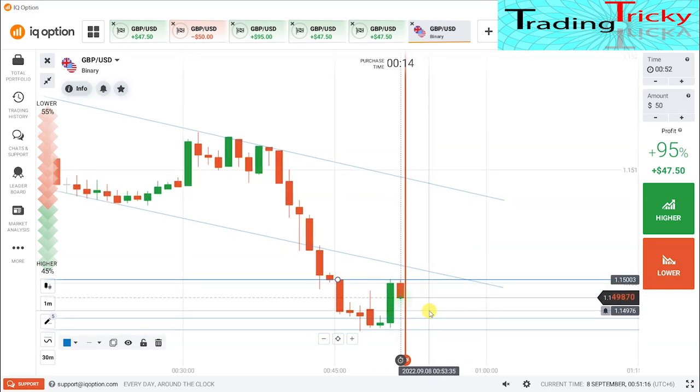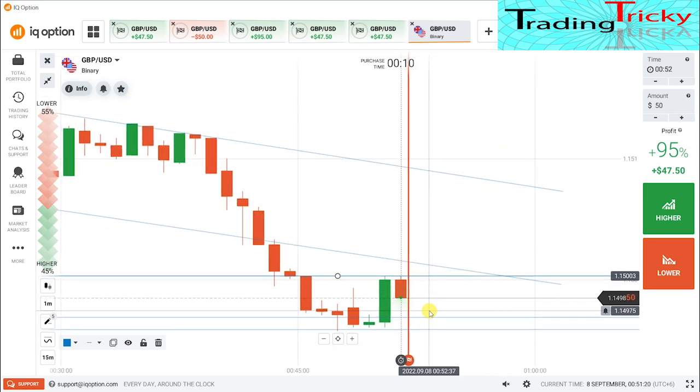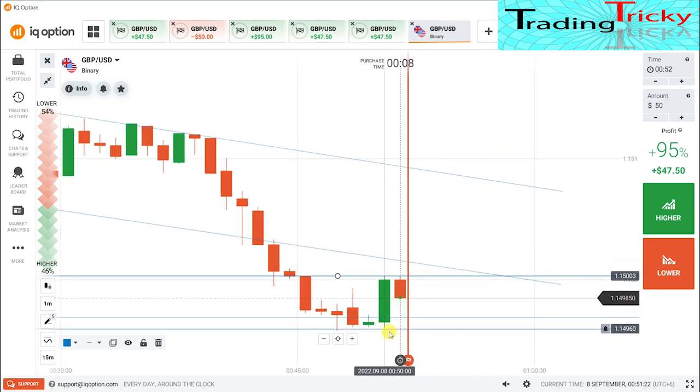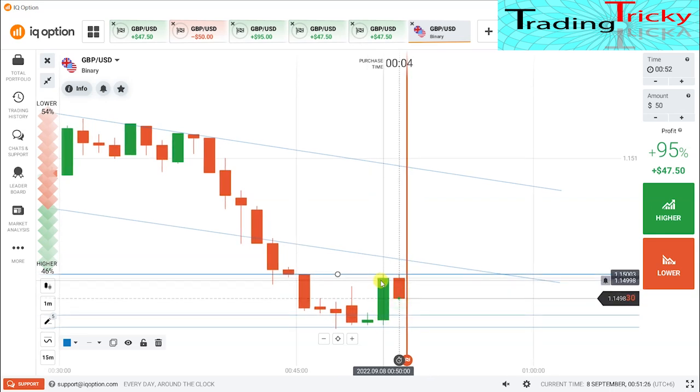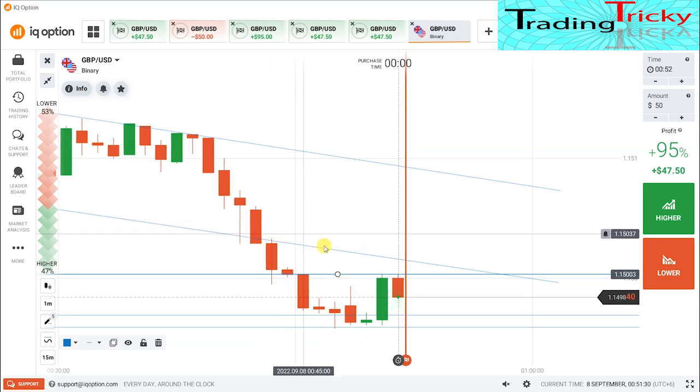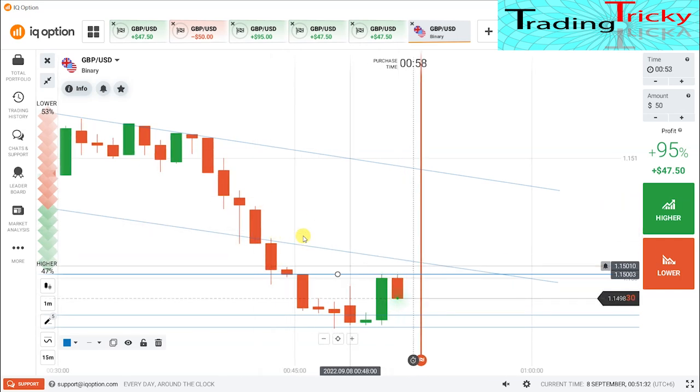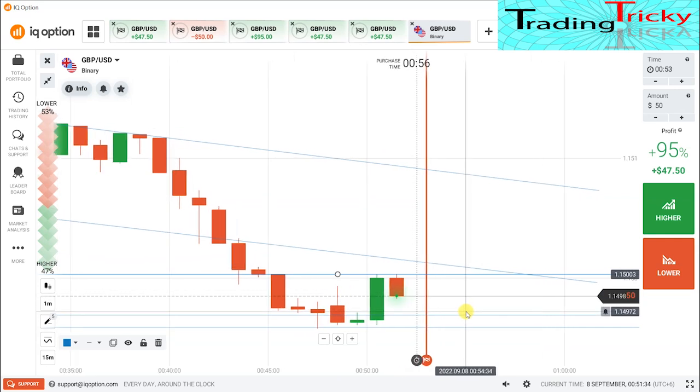Yes, this is the candlestick psychology. But don't place a higher option after this candle, not even a lower option. But if this candle forms in the middle of this trend, then definitely after this strong candle you can go with sellers.